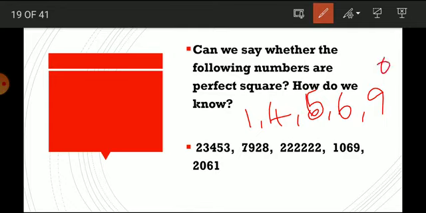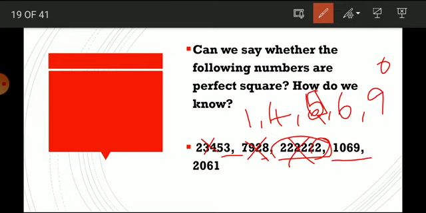In the first number the units digit is 3. There is no 3, so this is not a perfect square. The second one has 8, so this is also not a perfect square. In this number it ends in 2 only, so this is not a perfect square.